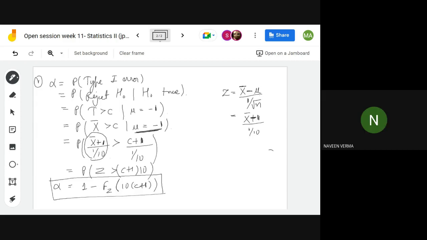In CLT we used to do x bar minus n mu by root n into sigma. Not x bar, it was y minus n mu upon sigma under root n. But it's the same thing.